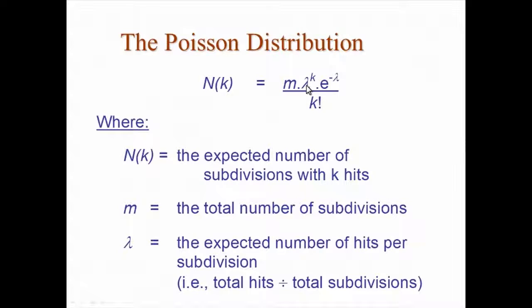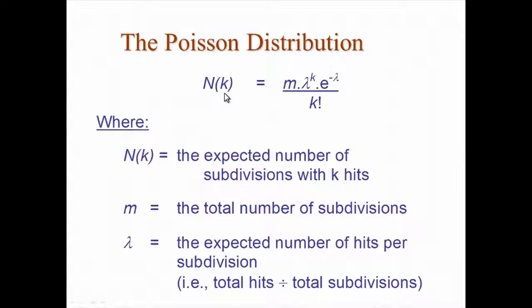So those are the main things. So we have m and lambda, and also we have e, the natural number e, but then we have k. So k, we can vary k. On the other side of the equation, n of k is the number of squares in the grid which contain k points or k hits. So we can vary k.